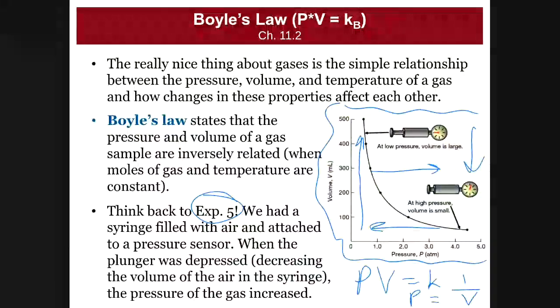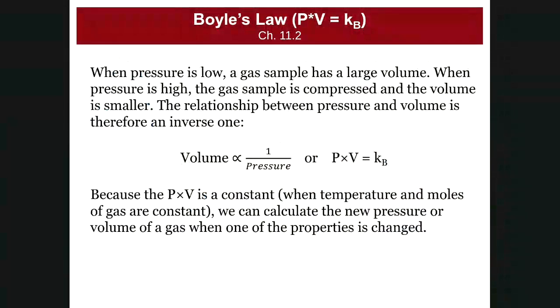So at low pressure, the volume is large, and at high pressure, the volume is small. So that's what this says here. Pressure is low, the gas sample has a large volume. Gas pressure is high, the sample has a small volume. That is when temperature and moles of gas are held constant.